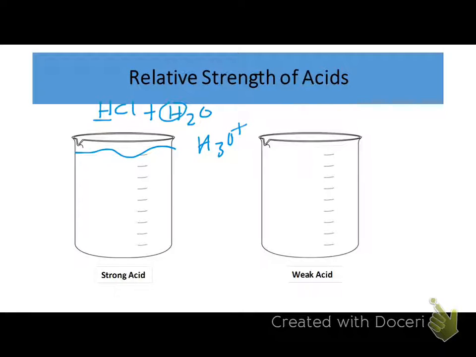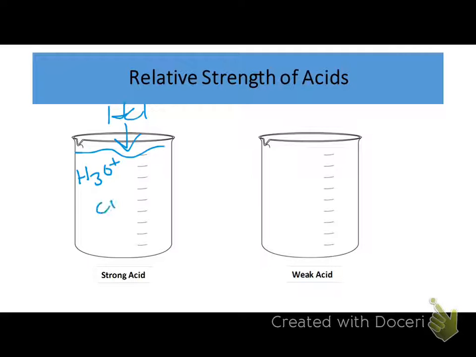So if we add HCl into water, we're going to see the hydronium ion plus the chloride anions, all dissociated. That's all that's going to be in solution: the chloride ions and the hydronium ions. Nothing else will be in there.